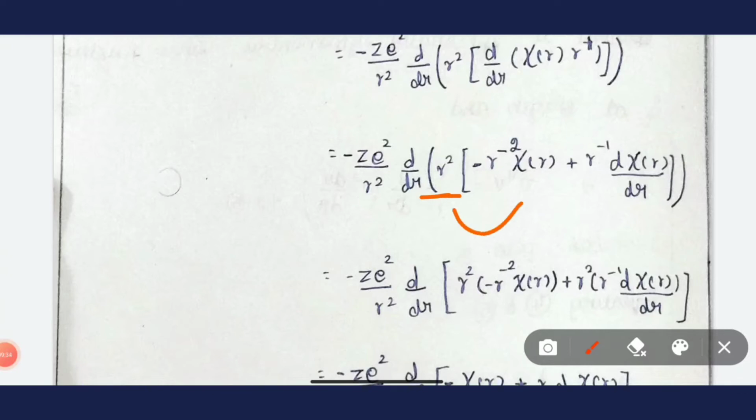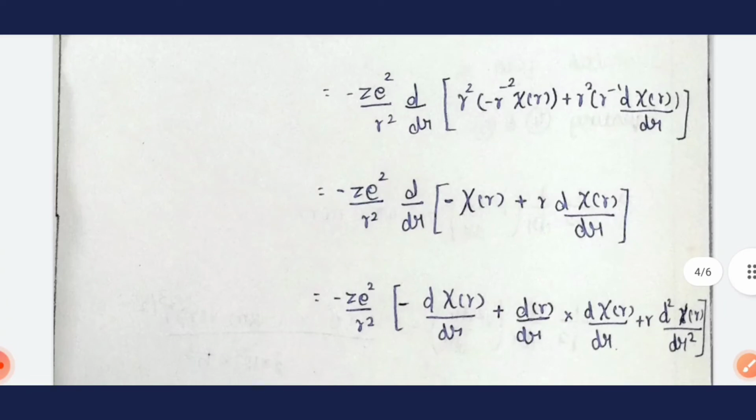I'm simply going to multiply this r square into both terms. On multiplying with the first term, the r square and the r power minus 2 will get cancelled, and in the second term we have r square and r inverse. On cancelling, we will have only r into d chi of r divided by dr for the second term.